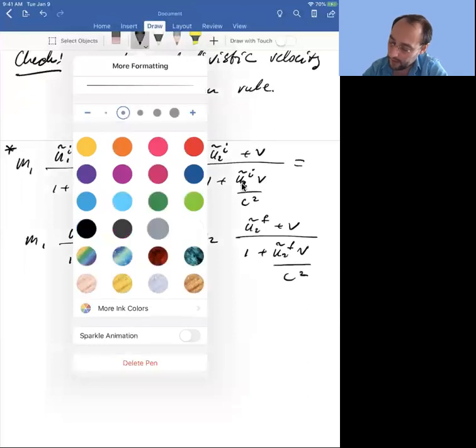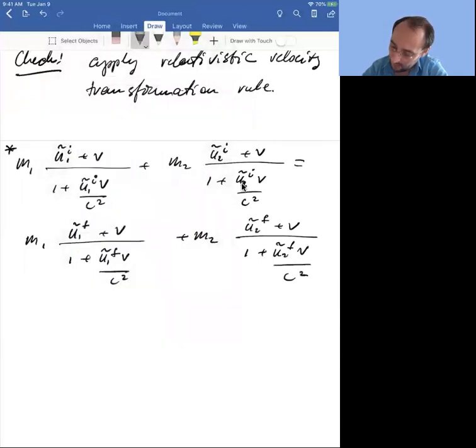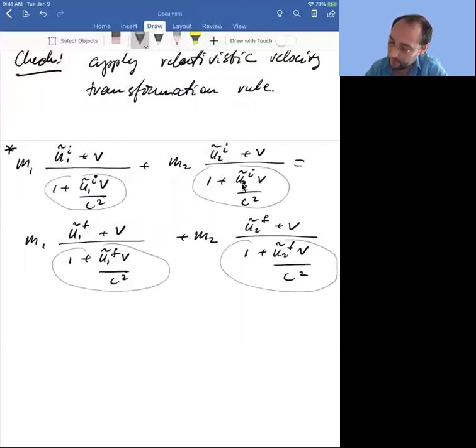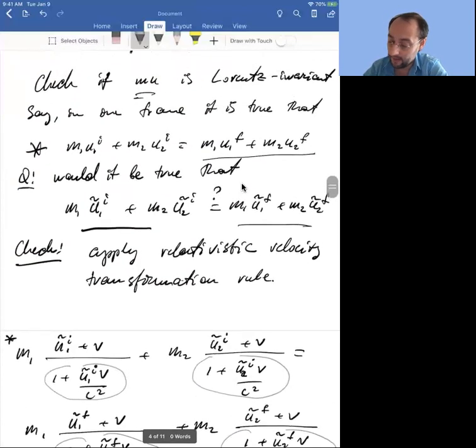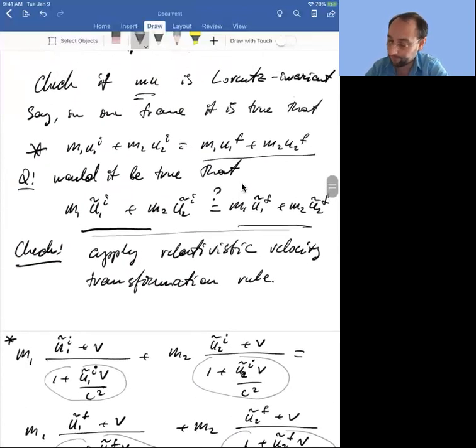I have these pesky new terms right here that, if I didn't have them, the sum of m times v on the left would cancel with the sum on the right, and we would indeed have this form.